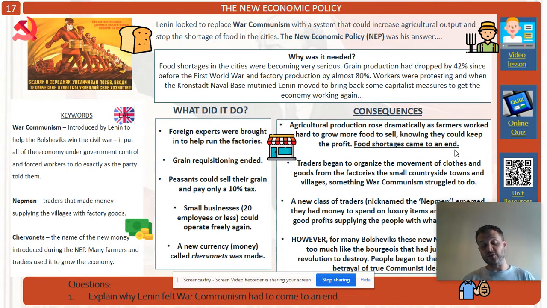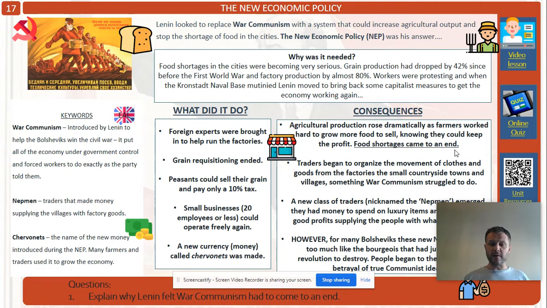What else do they do? They unleash capitalism again on a small scale. Any business that hires 20 or fewer people can operate as a business with profits to be made and managers and workers, and they can hire and fire people. And this is a godsend for the Russian people at this time because they had been suffering.